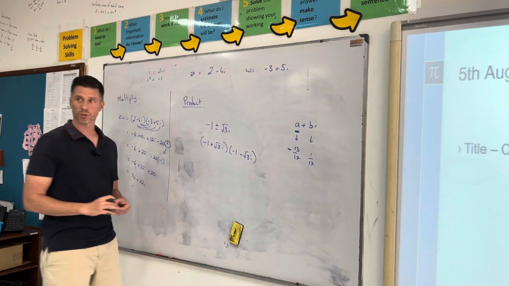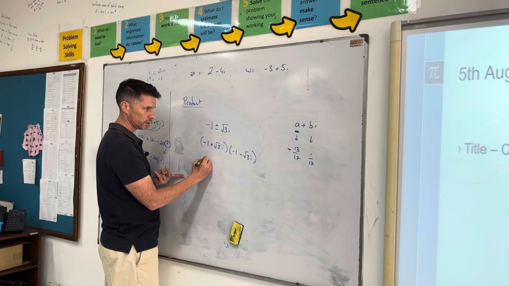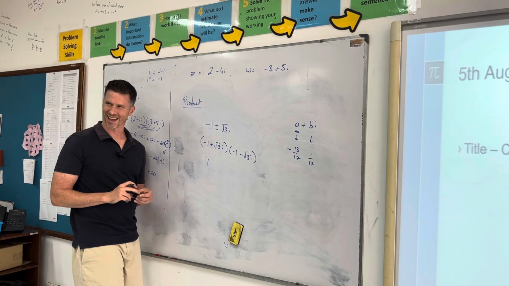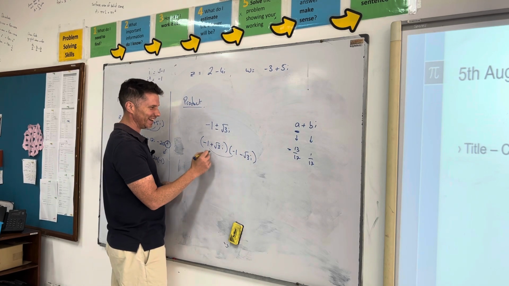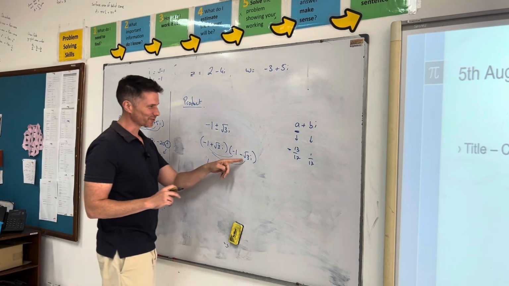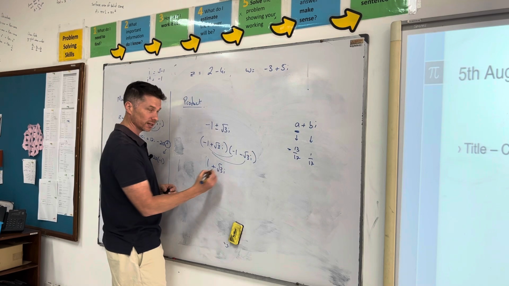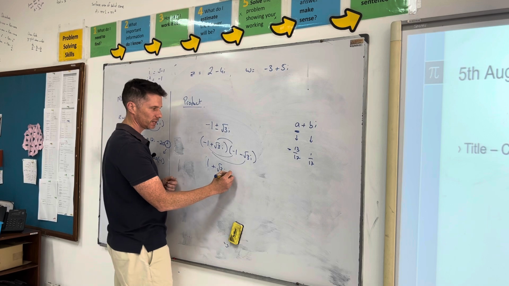Okay, so now I can multiply these. Minus 1 times minus 1 is positive 1. And then minus 1 times root 3i is minus root 3i, and these two together cancel out.